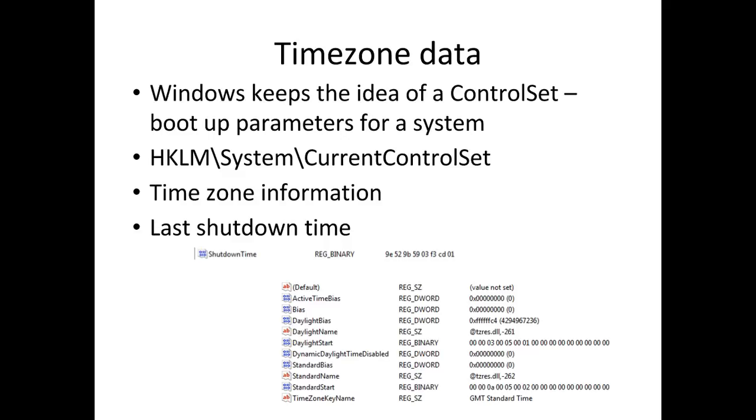And it also contains some time zone information and some information like last shutdown time. So you can see in this little snippet here, which is again given from a regedit view, we've got some information on whatever time zone we currently happen to be in.